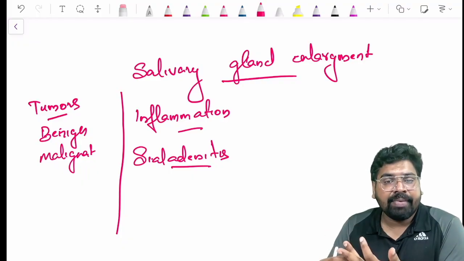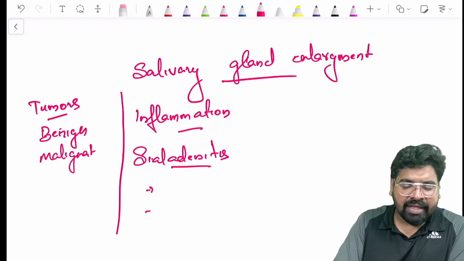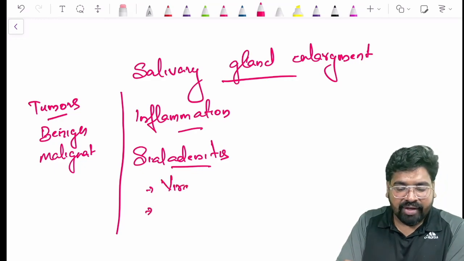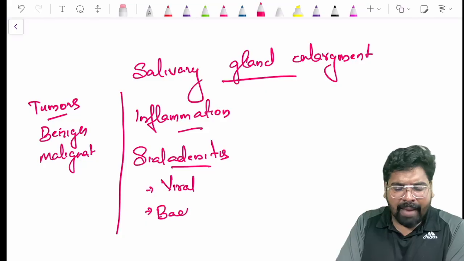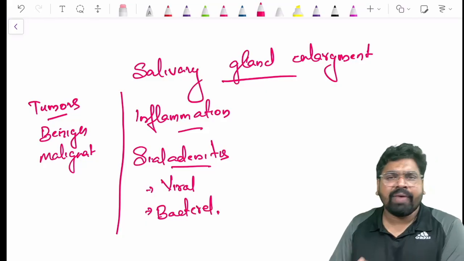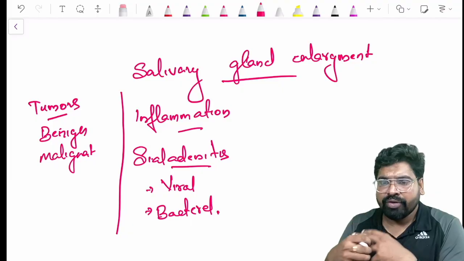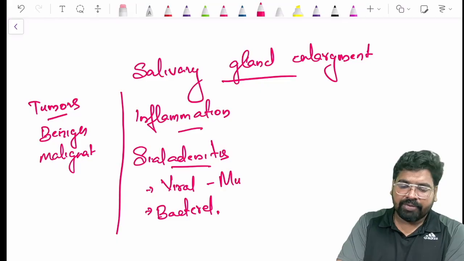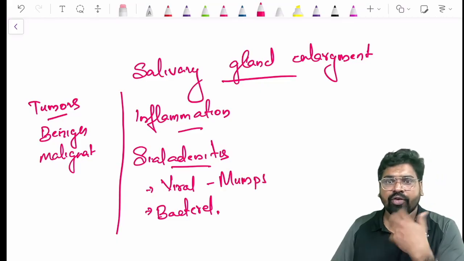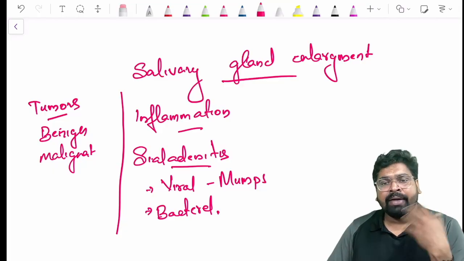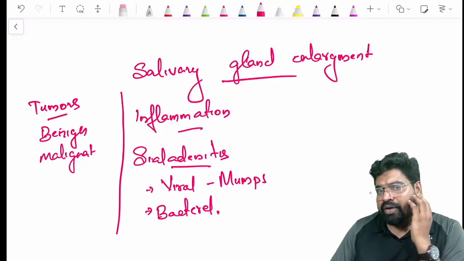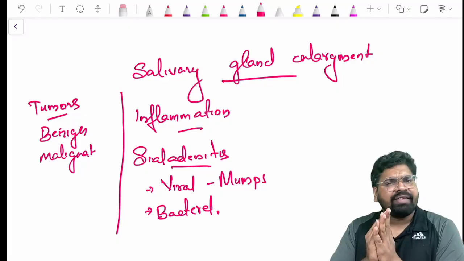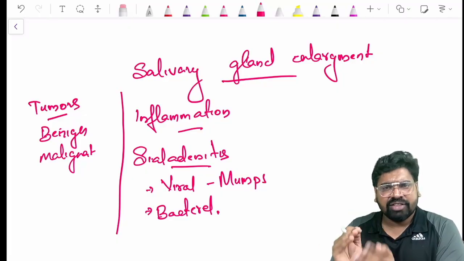The inflammation can be due to viral infections or bacterial infections. One of the most common viral infections of the salivary gland is mumps, caused by a paramyxovirus. Mumps can cause bilateral enlargement of the salivary gland, and it usually occurs in children.